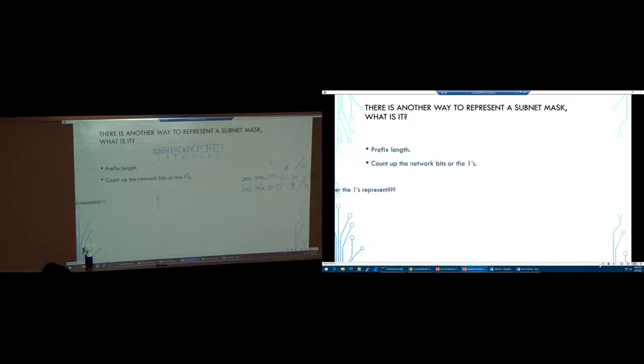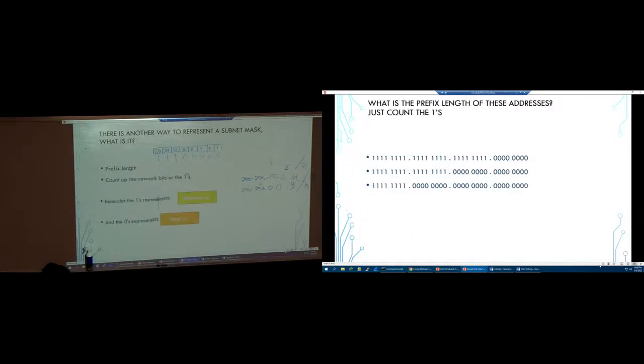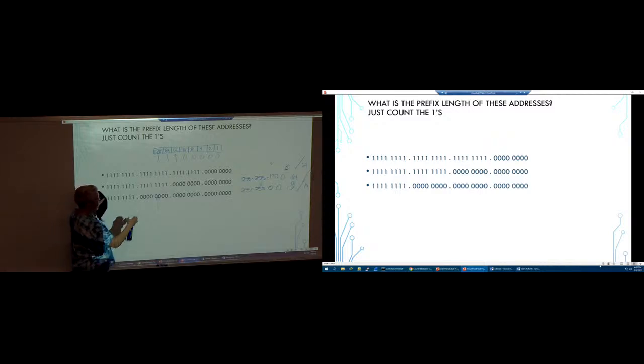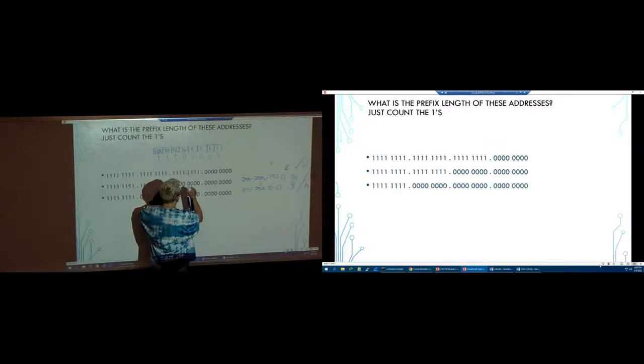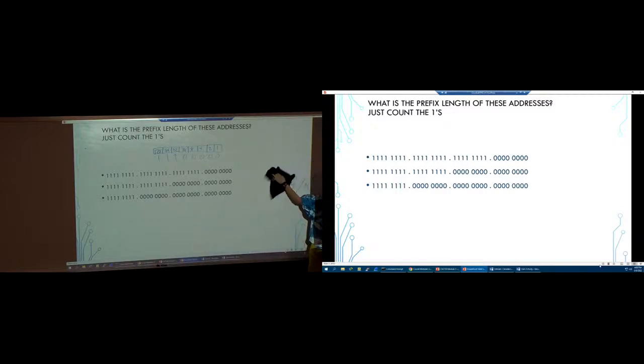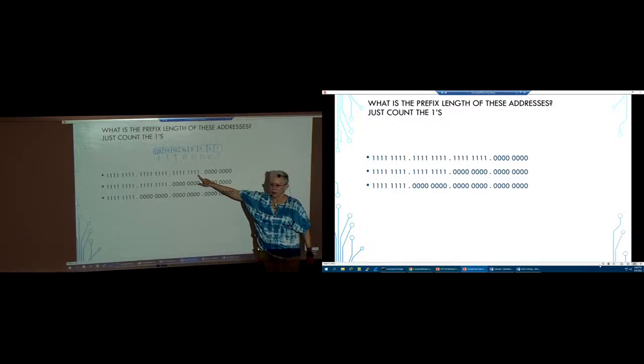Okay, so we talked about the prefix length. Let's just look at these. This is the same as everything we've just been talking about. So the top one, where's the last network bit? What octet? The third one, right? What's the positional value?